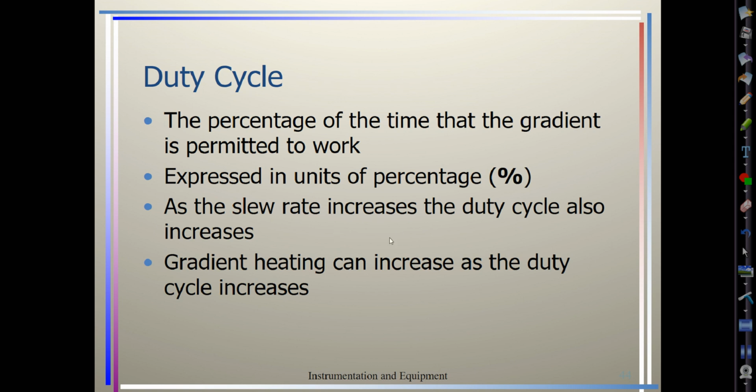So as the slew rate increases, we also have a direct relationship with the duty cycle. And then heating also increases with the increase in the duty cycle.